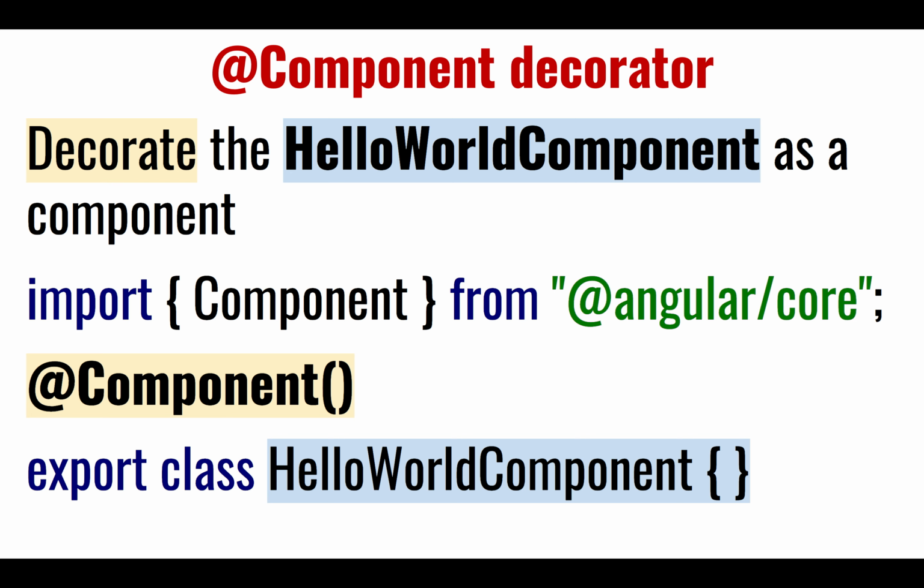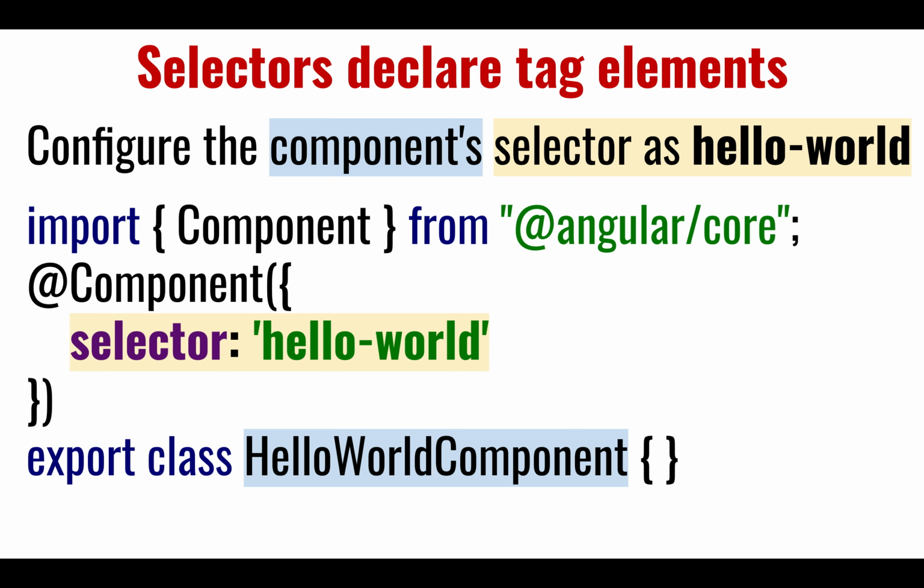And notice that it has parentheses here, so you can configure your component. You can say things about your component. For instance, one of the things that you can configure is what HTML element I want, how I am going to be referred to in an HTML page. In React, the default is basically the name of the class; the name of the class is the name of the actual tag.